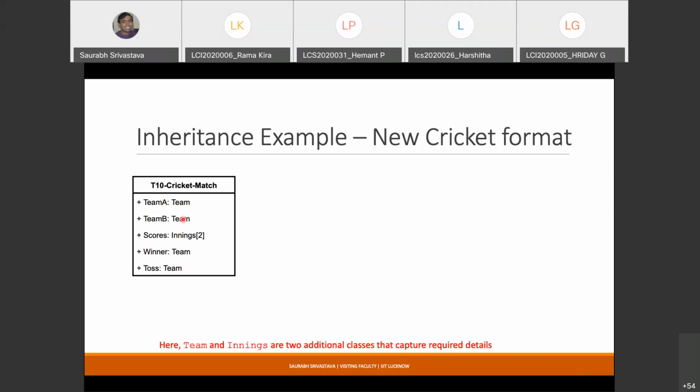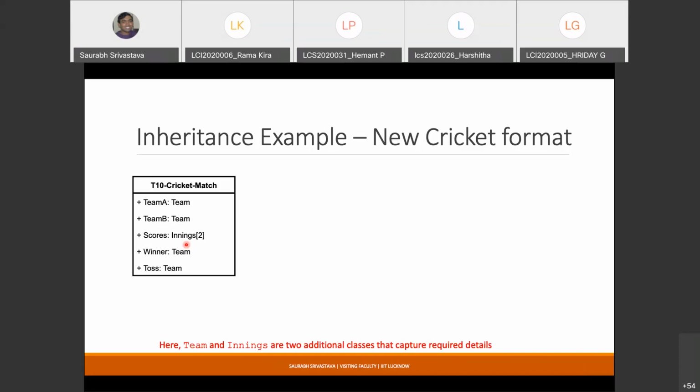And by the way, team and innings are themselves classes, and you are basically creating objects of these classes within your T10 cricket match class. So this is another way to build stuff hierarchically. One way is using inheritance, where you extend a class and create a new class.